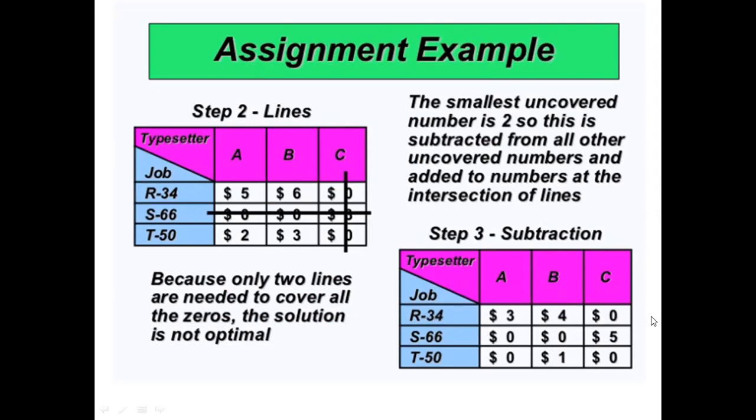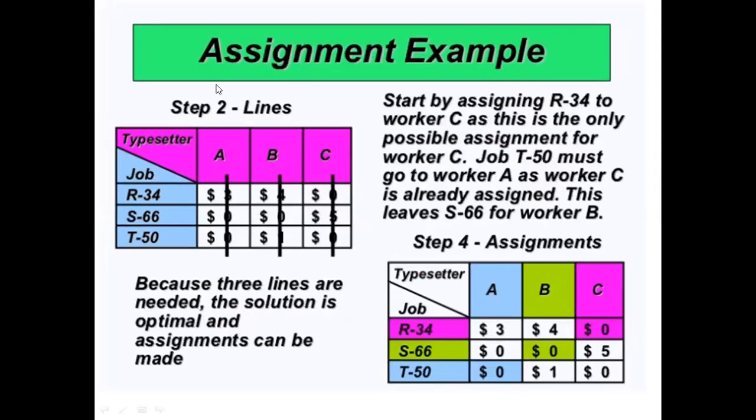Let's say we make 1 line and 2 lines. We cannot stop there. We have to make at least 3 lines, which is the signal for us that the solution is already optimal. So in this case, we make 1 line, 2 lines, and 3 lines, and we already cover all the zeros in the table.